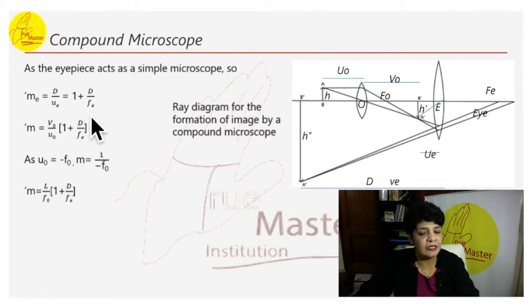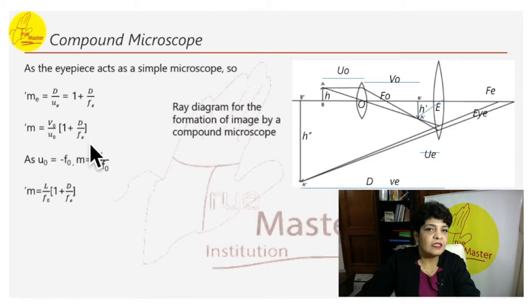Once this formula is derived, the total magnification M is the product of MO into ME. So this is the value of ME, and this is the value of MO. So we are going to put VO by UO, which is the magnification of the objective lens, multiplied by this value for the magnification of the eyepiece.